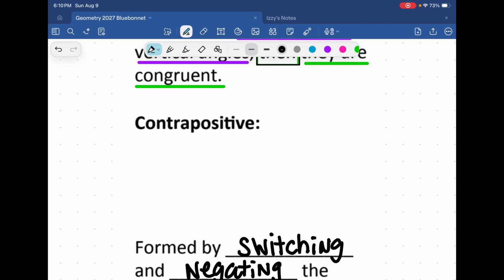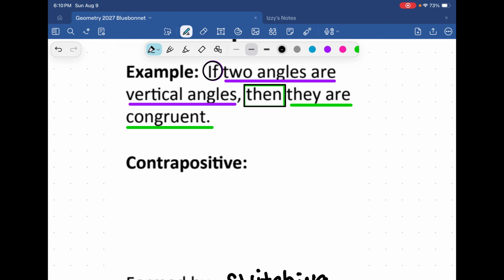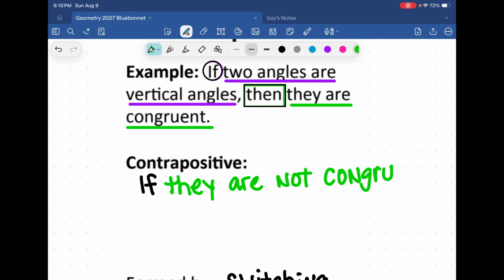All right, but I think I'm going to keep it as it is, and I'm just going to say if they are not congruent, I'm going to put that green conclusion first, then, and now I'm going to go to the purple hypothesis.